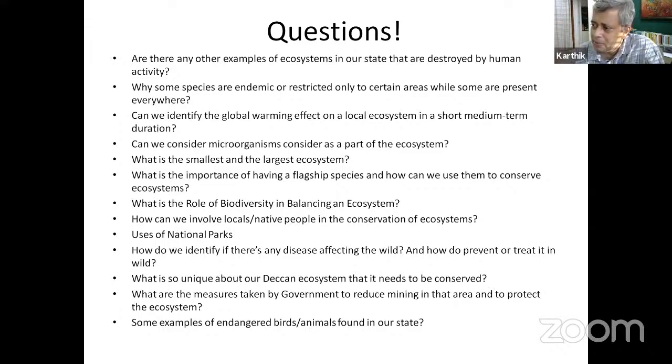Now we don't see them, right? So what happened? Where did they go? We have had some impacts in these areas which made them leave. There are many examples of this sort where we can work to improve the habitat conditions for these animals to survive in our state. And we can go and observe and enjoy watching them.